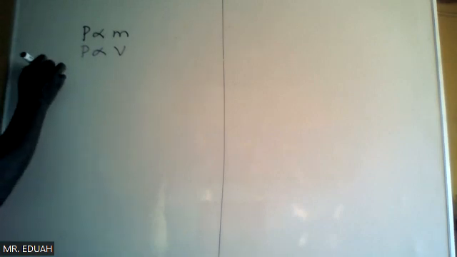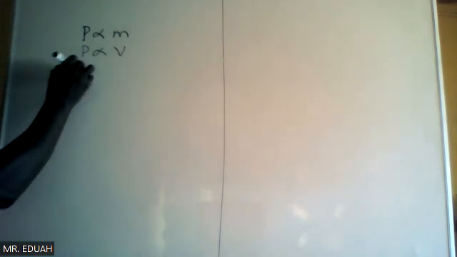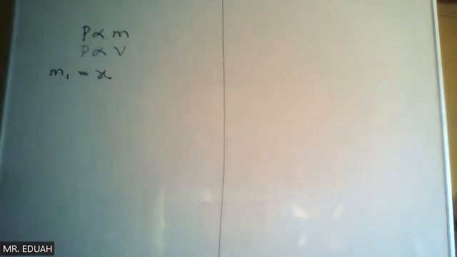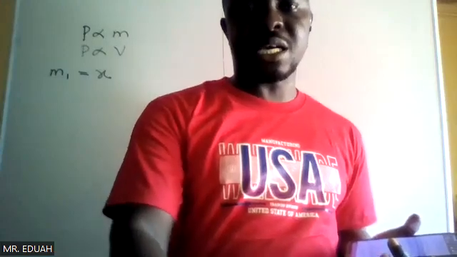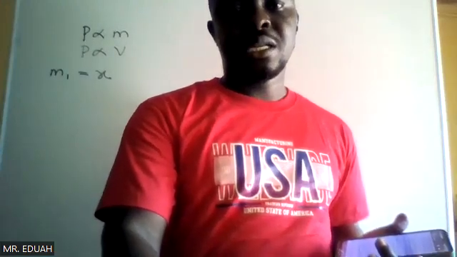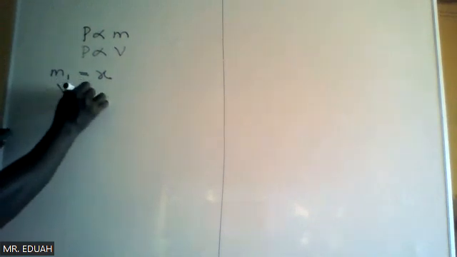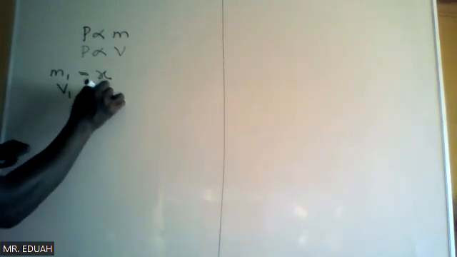Yes, please. If you want to see us using equation, okay, let's take the first mass to be x. Now what is the second mass? In the second situation, the mass is doubled. So m1 is x, v1 is v.